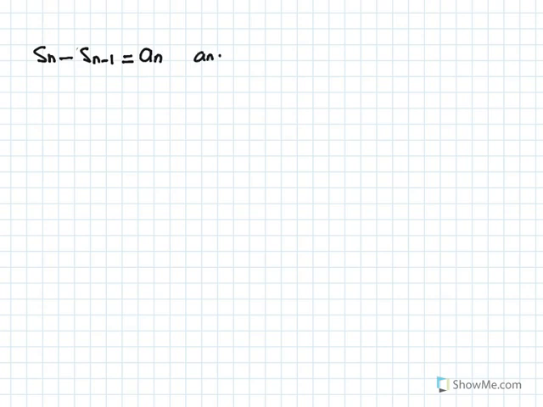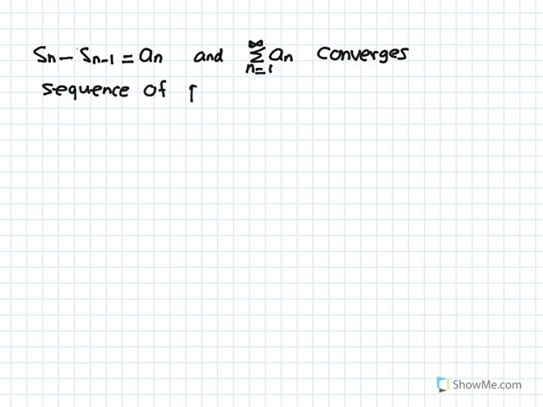Since we know already that summation an, n goes from 1 to infinity, converges, that is given in our theorem, then the sequence of partial sums Sn also converges.